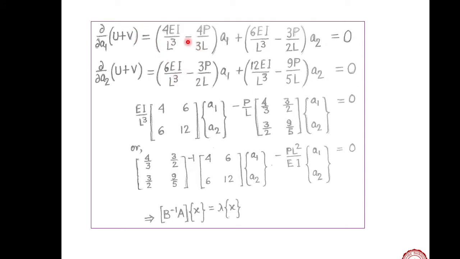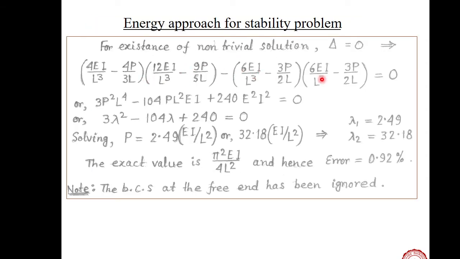This is written as a 2 by 2 matrix, and then this is cross multiplied and set equal to 0, because this is the associated determinant of the matrix form. This is the condition for non-existence of the trivial solution: the determinant of the matrix will be 0.